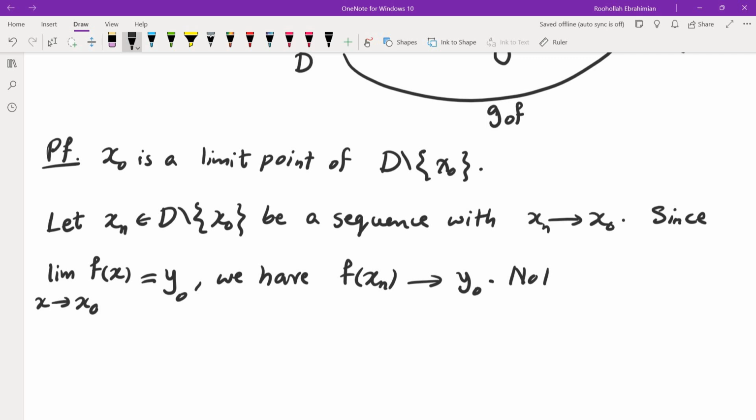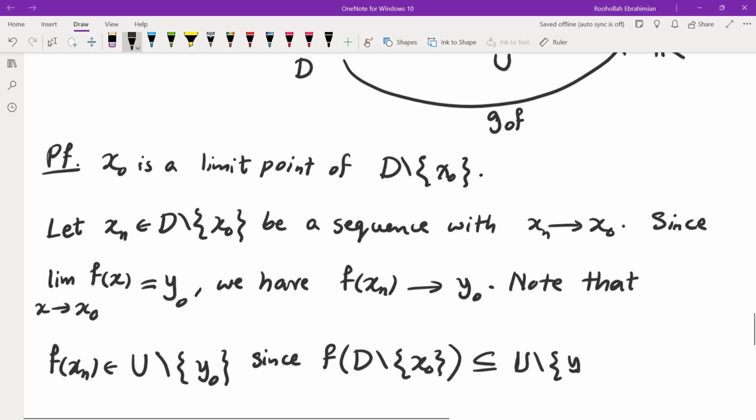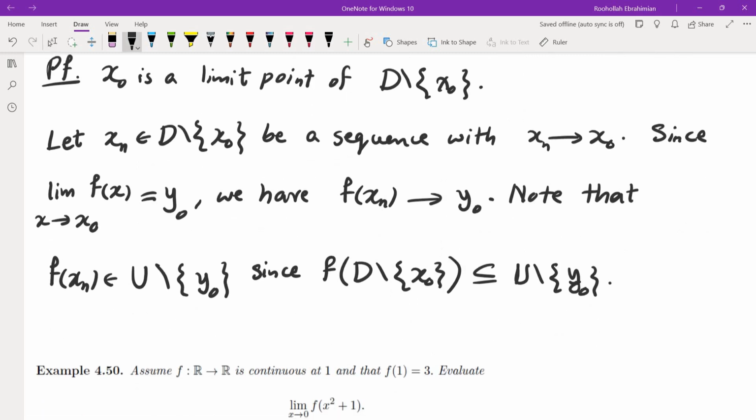Now note that f of xn is inside U excluding y naught, because that's what was given, since f of D minus x naught is inside U minus y naught. That was one of the assumptions. Okay, so f of xn is in there, and f of xn approaches y naught.